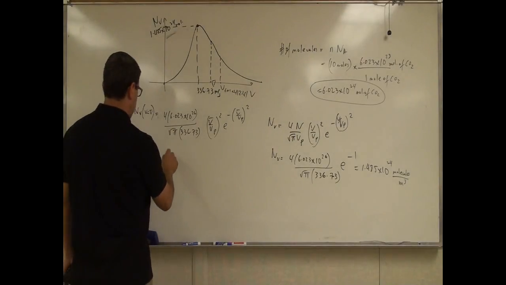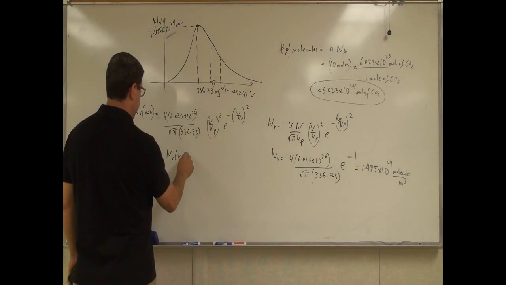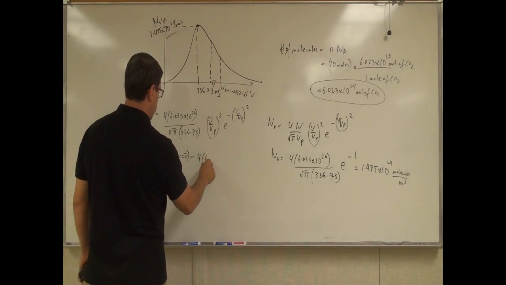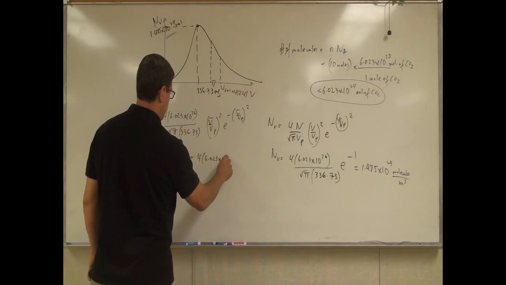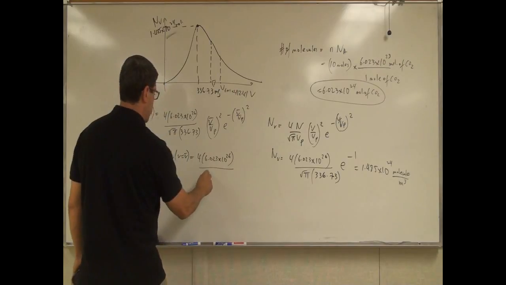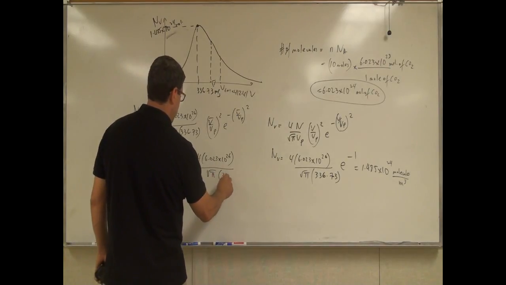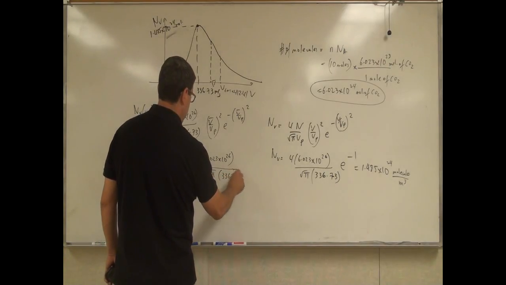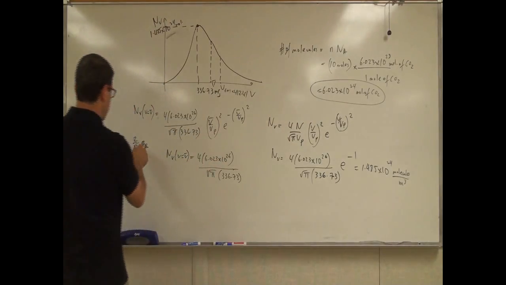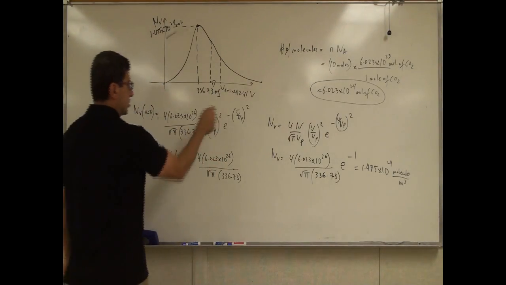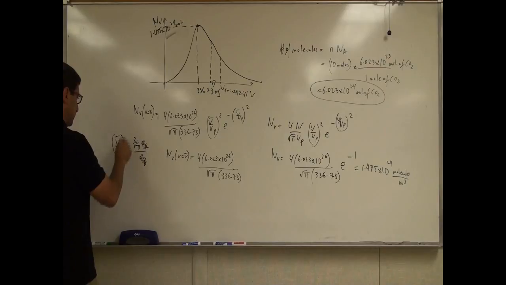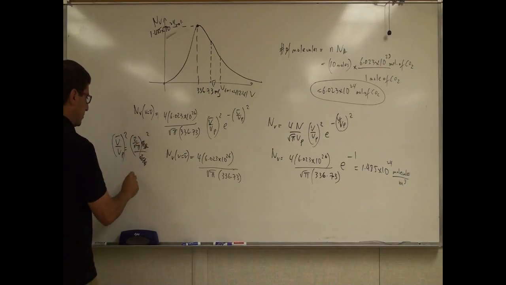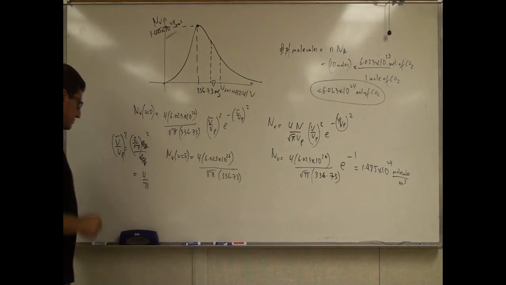So then you have here NV, V equals V average, 4 times 6.023 times 10 to the 26th over square root of pi, 336.73. V average over VP is 2 over square root of pi, but then I'm going to square that. So if you square that, 2 over square root of pi, you're going to get 4 over pi.